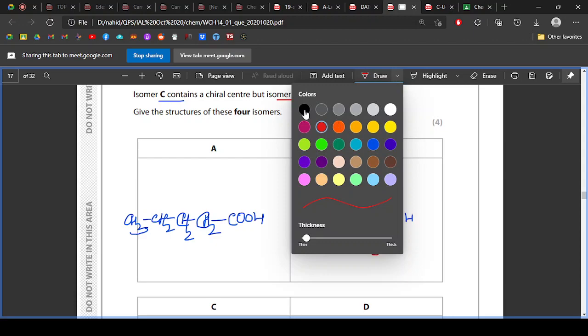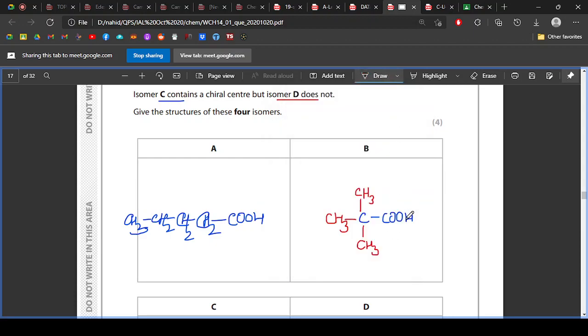Why did I draw this? All right, let me help you understand. Can you tell me whether you think that this hydrogen and these hydrogens, total 9 hydrogen atoms, have one type of environment? Don't you think that these 9 hydrogen atoms have the same chemical environment?